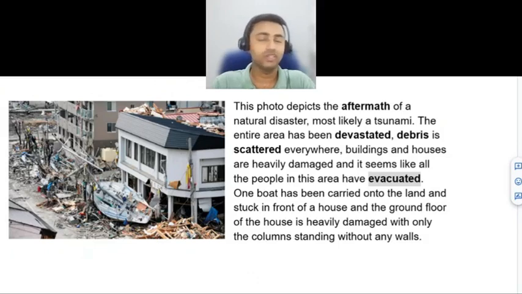So the best way is, students, having a folder structure which has all these articles, and then you regularly read. I also have a folder structure, so whenever I see good articles written about a particular topic, I save that article in that particular folder, and whenever I have time, I go there and read regularly.